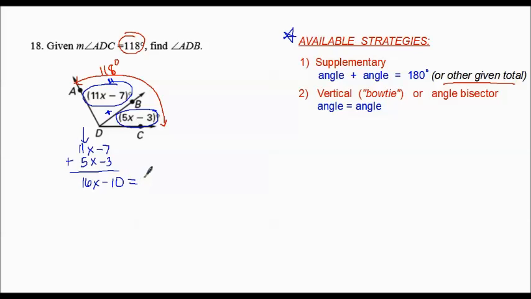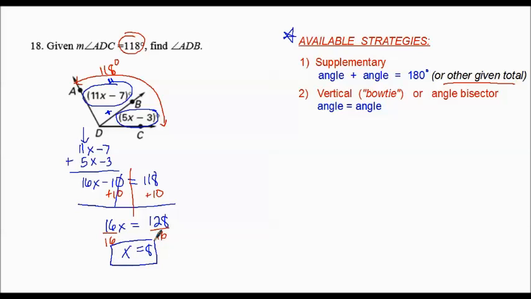Those added together should equal 118. So now it's a pretty simple equation to solve. Just going to do plus 10 on both sides. 16x is equal to 128. The last step is to divide by the coefficient of x. And so x is equal to 8.